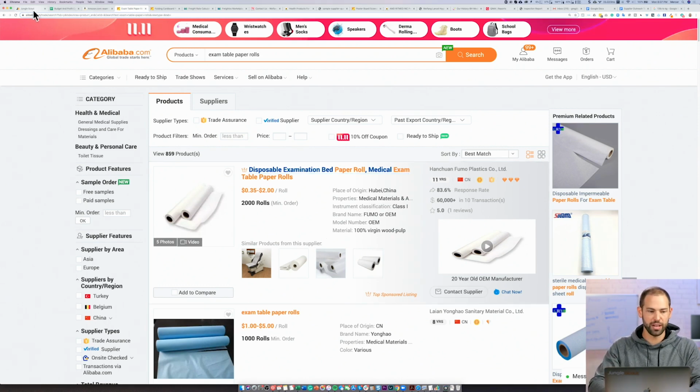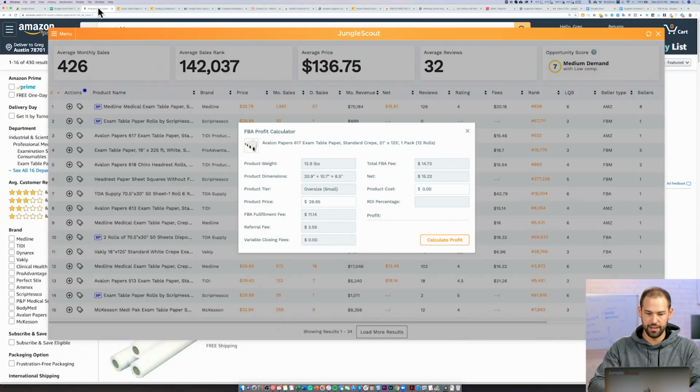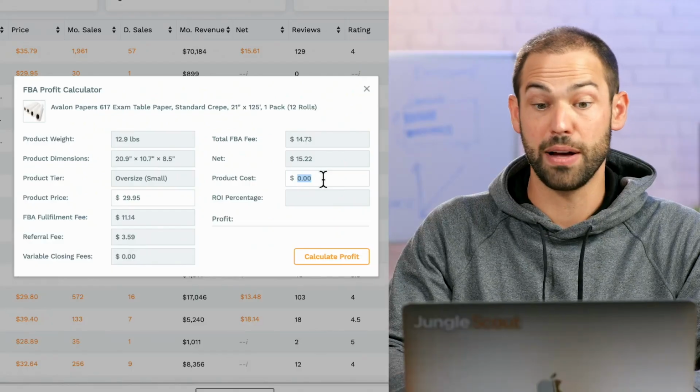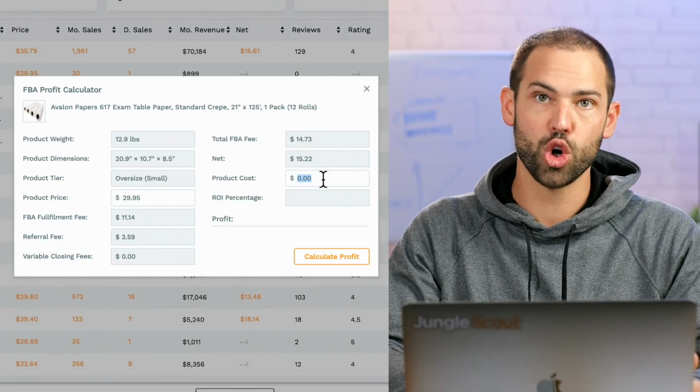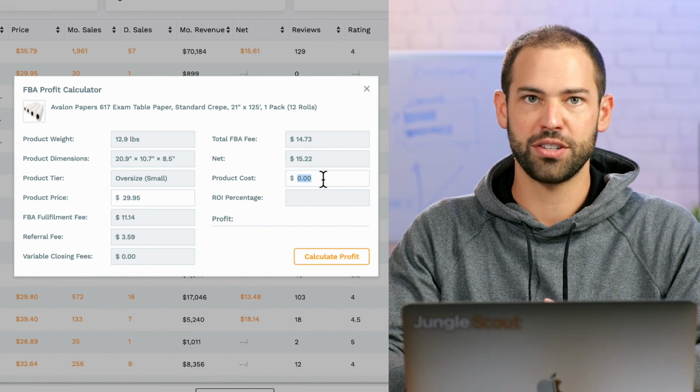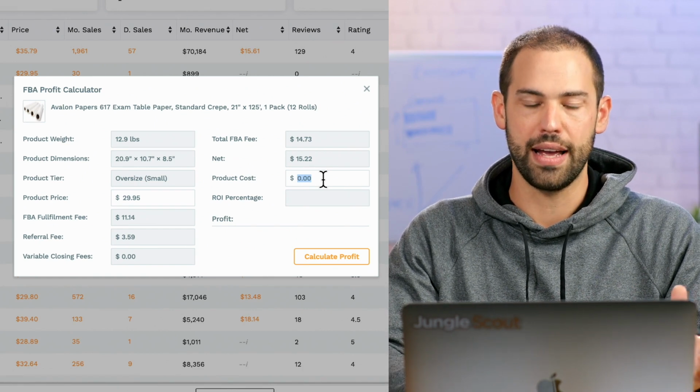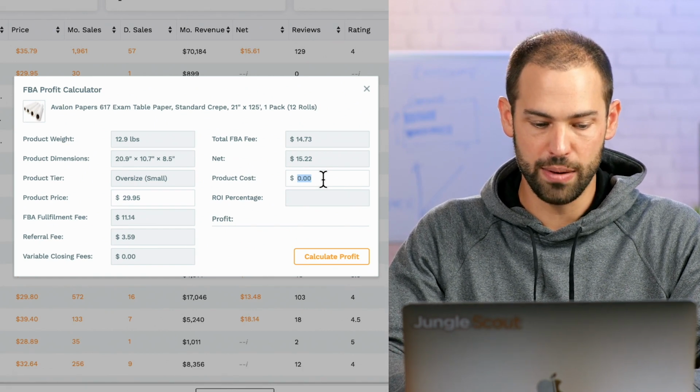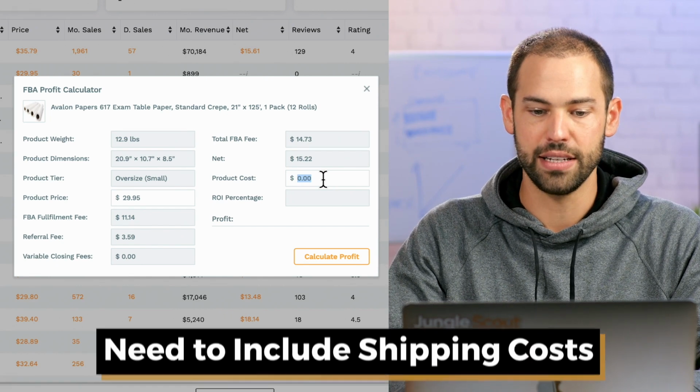And we know that also because when we look back at the profit calculator in here, it says 13 pounds. So we know the product cost alone is going to be about $12 before shipping it from the factory into Amazon.